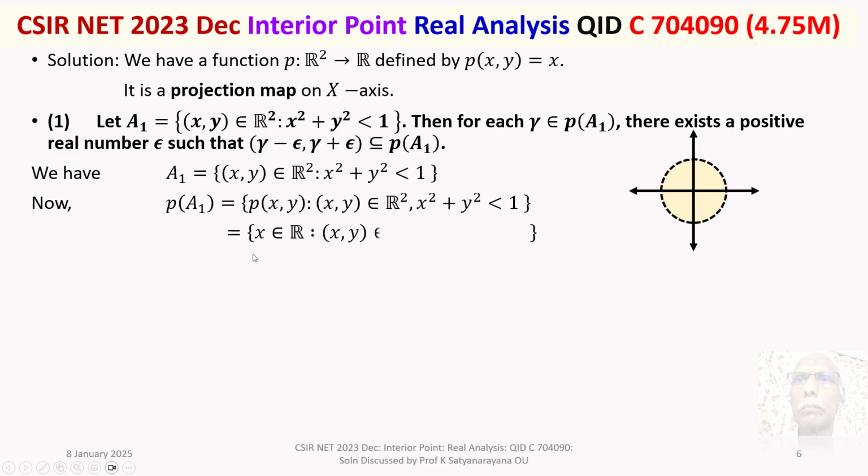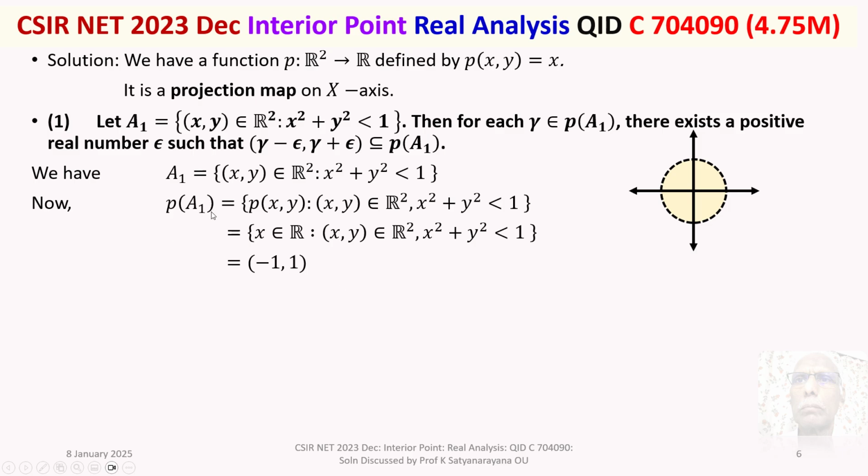So, this is the set of all those x belongs to R such that P of xy is x, x comma y belongs to R square and x square plus y square less than 1. What are those? The x coordinates of the ordered pairs that lie in the open unit disk. That is the open interval -1 to +1 on the real axis, on the x-axis. Right.